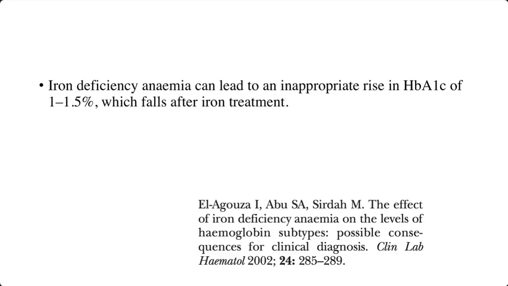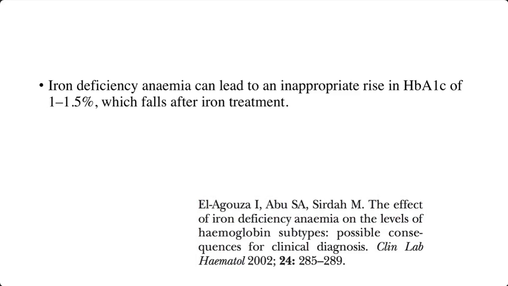I came across this reference, which showed that in persons with iron deficiency anemia, they can have an inappropriate rise of hemoglobin A1C by 1 to 1.5%, which falls after iron treatment.